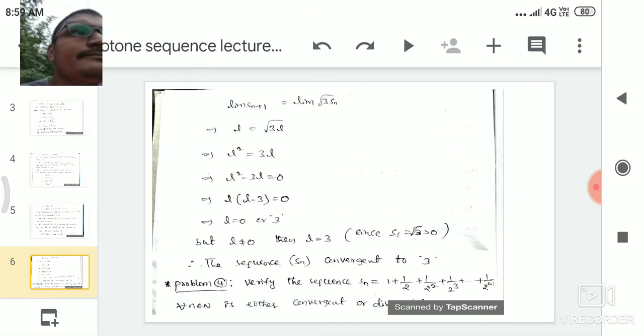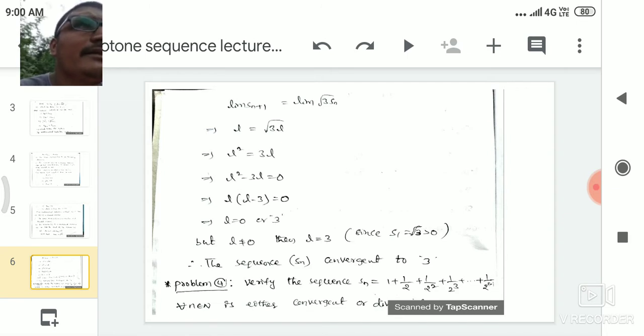So what is the limit of the sequence? Here the first term starts with root 3 and ended with 3. So the last term of the sequence, that means we apply the limit as n tends to infinity, we get 3, that is the limit of the sequence.